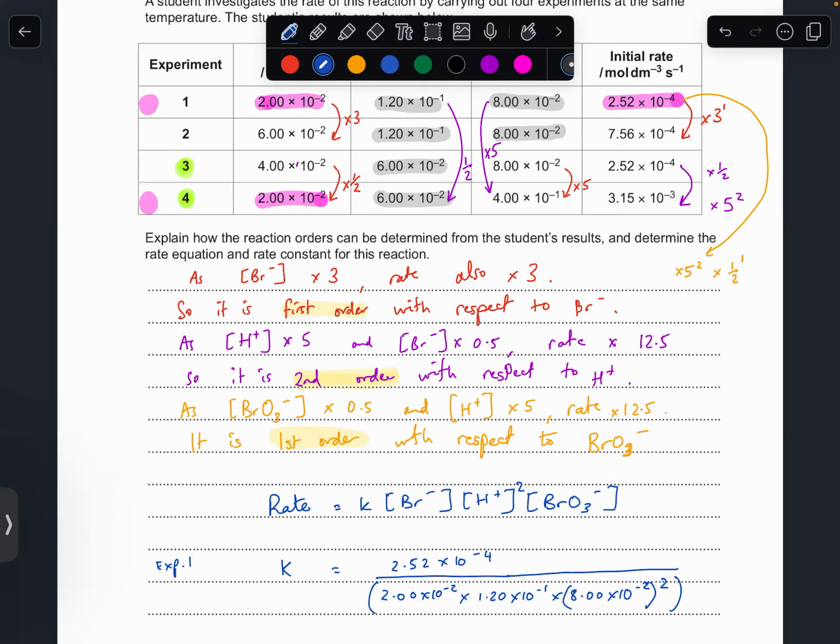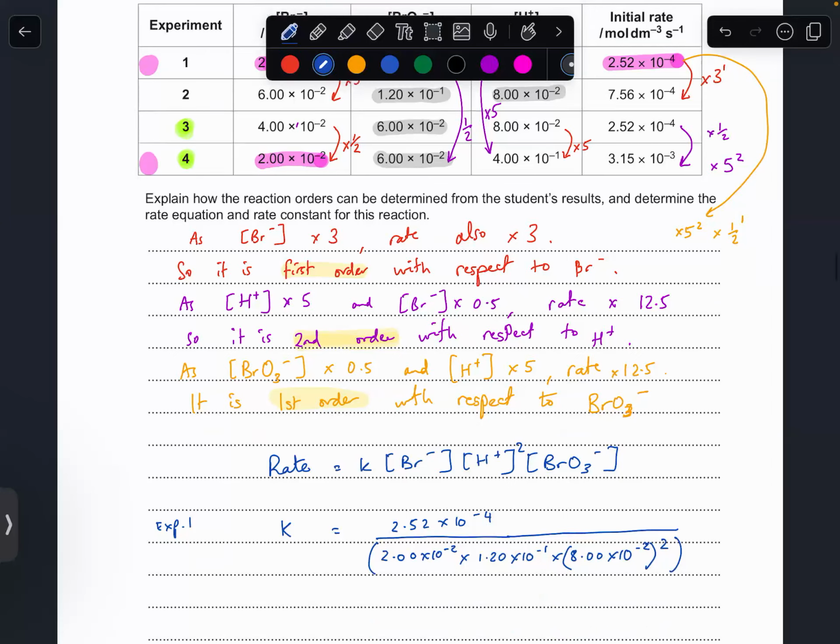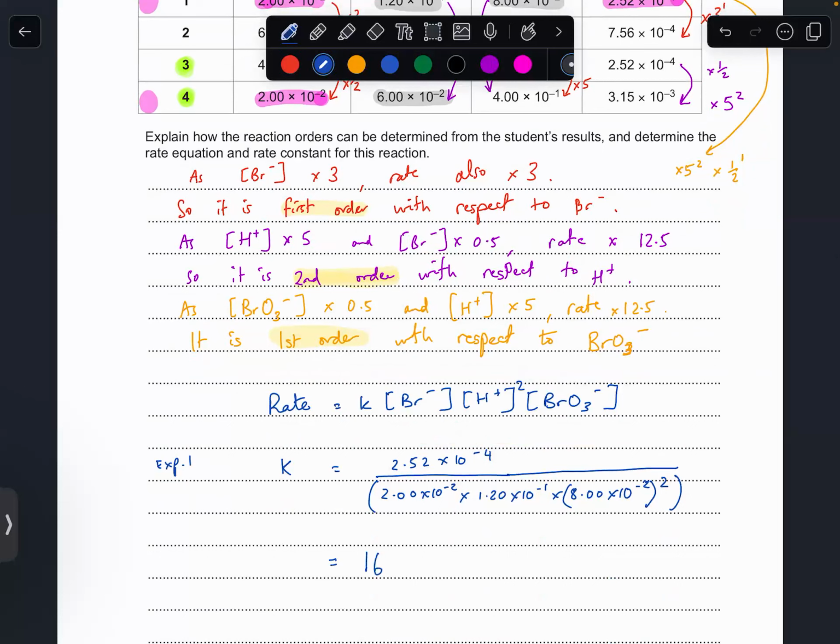Putting all that into the calculator, be very careful as you punch this into the calculator. Use brackets, use double brackets even. This gives us 16.4. We give the answer to 3 significant figures.